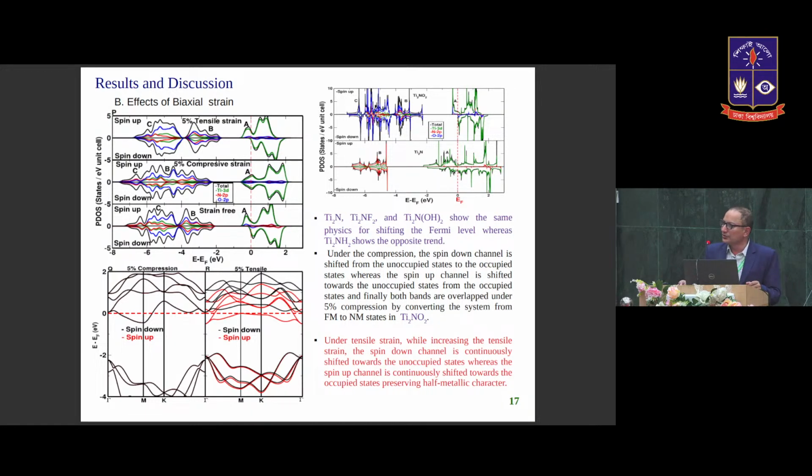Similarly, after using the 5% tensile strain, we observe this one. That band is crossing with each other, where the spin down channel shows the particular band gap, but the spin up channel, this red one, crosses the band, which means it shows the half metallic character.